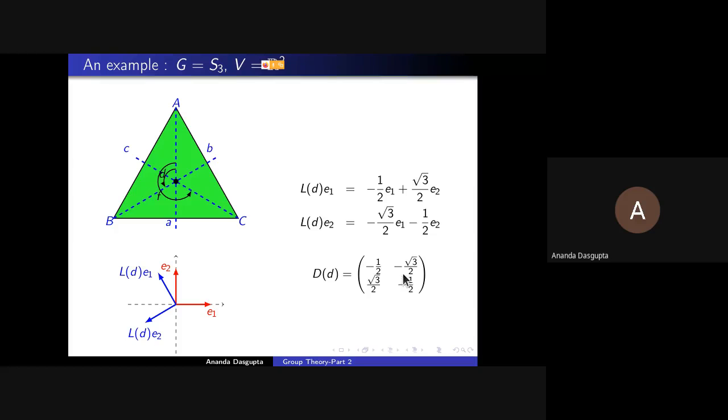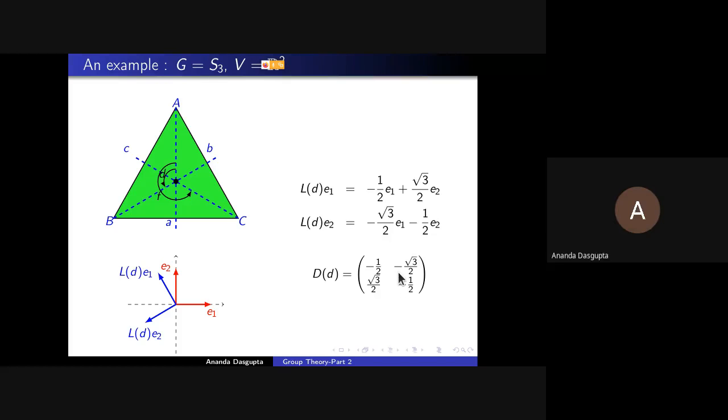The reason I am especially talking about LD is that, as you can notice, DD is not symmetric. It has a change of sign between these two elements, which is why you have to be careful here. You have to go down the column. That rule has to be taken seriously for this.